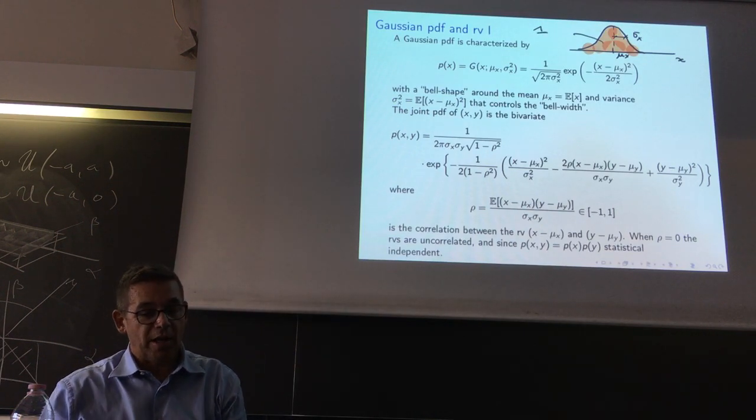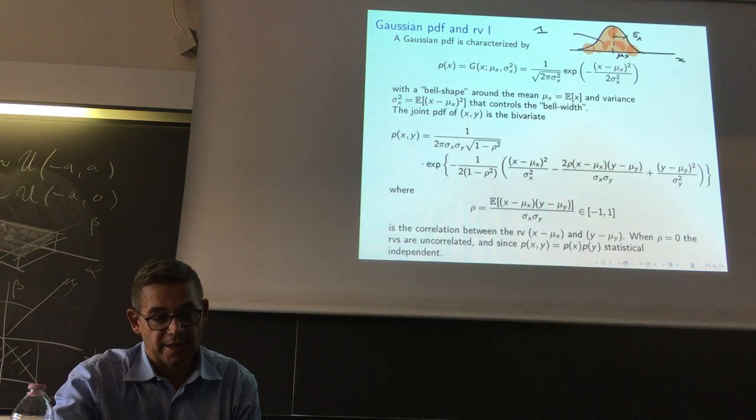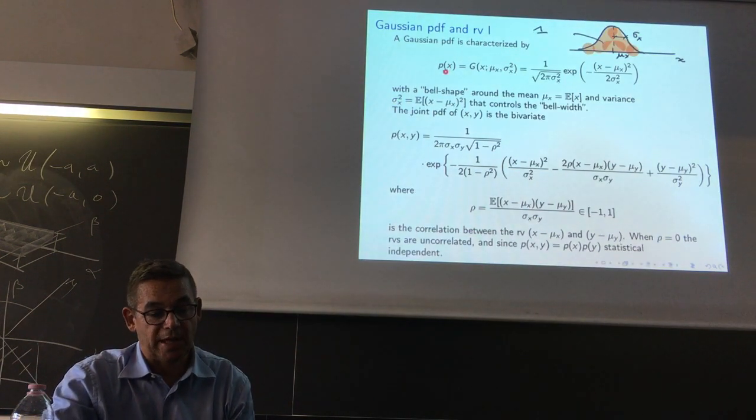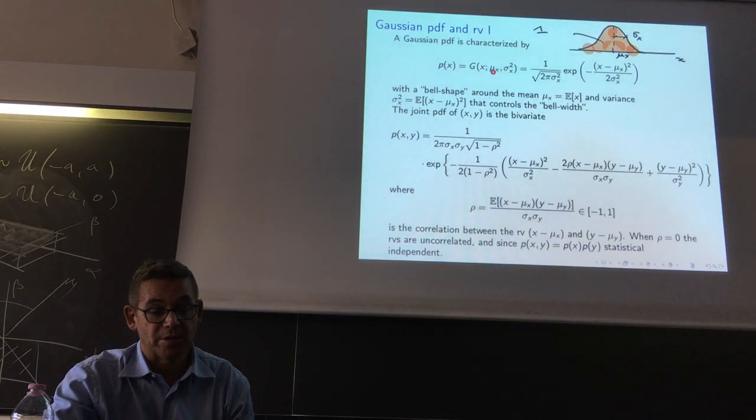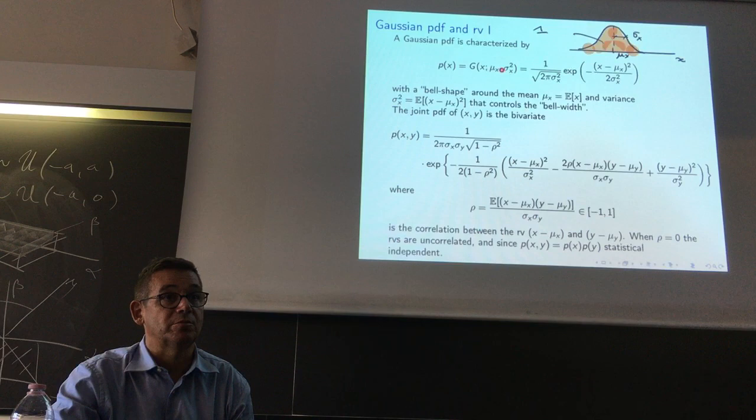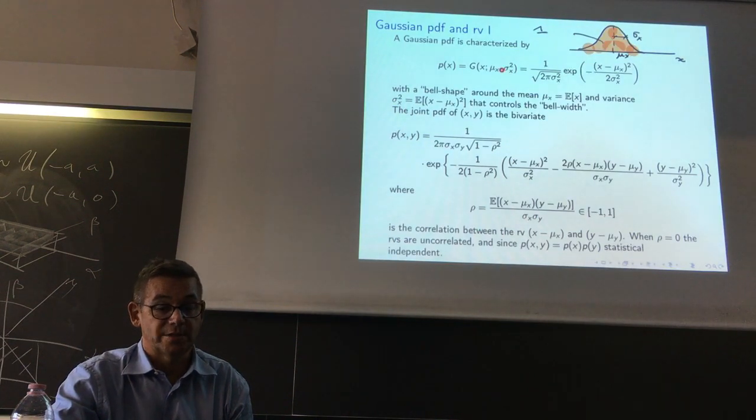Now in formula, the probability density function of x is Gaussian when it is indicated by a certain Gx, and this depends on the mean mu x and sigma x. It is easy to verify that mu x is the mean value, the moment of power 1, and sigma x is a central moment of power 2, which is called variance.